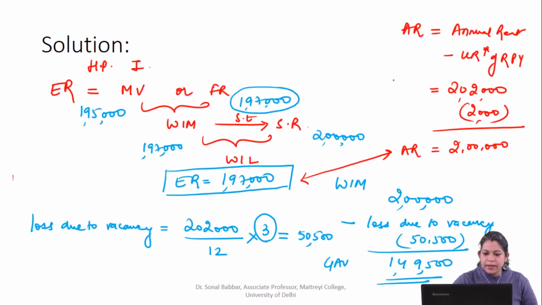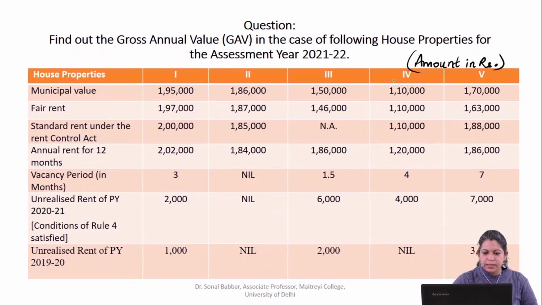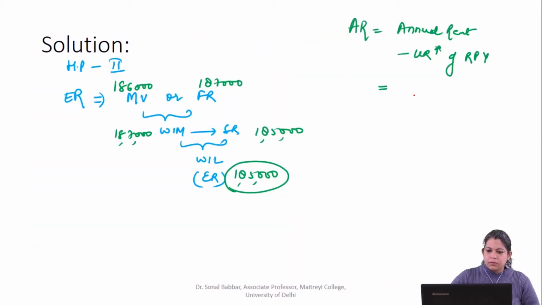So annual rent is 1,86,000 and subtracting 6,000 from it. And here the annual rent for second property is given as 1,84,000. There is no vacancy, nor is there any unrealized rent. So annual rent 1,84,000, no unrealized rent. So 1,84,000 becomes the actual rent for us.